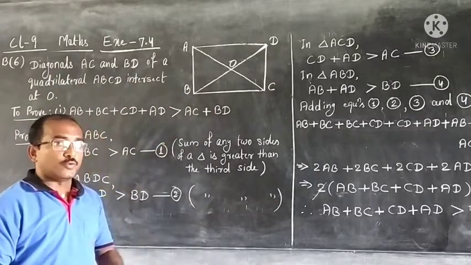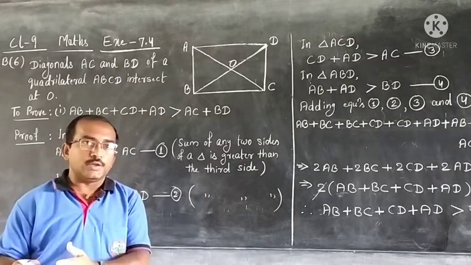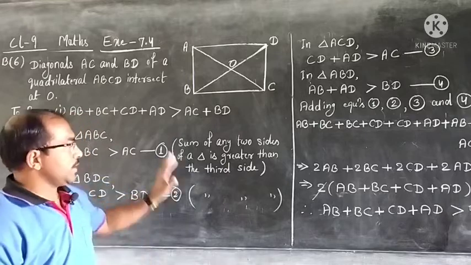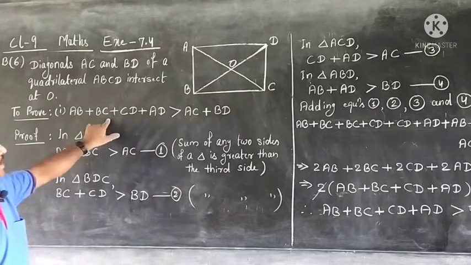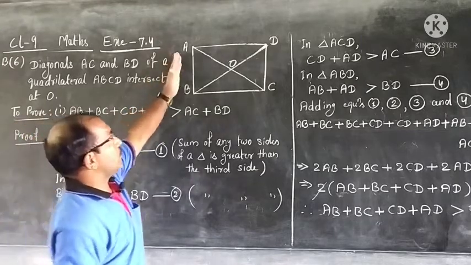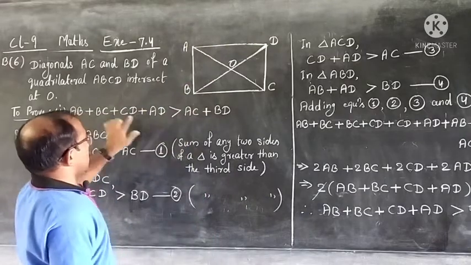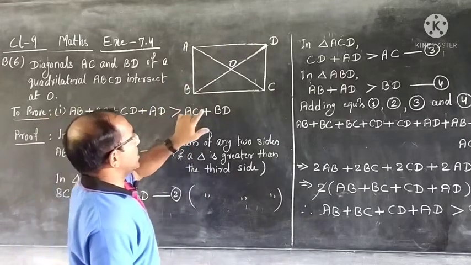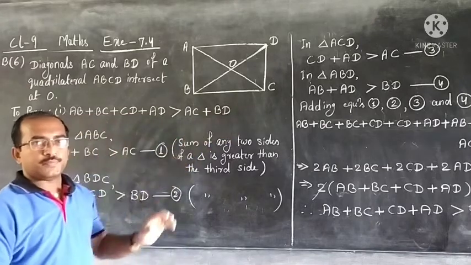Now, what we have to prove? There are two parts, Roman numerals 1 and 2, in your question to prove. Here we start with number one. To prove, first one is AB plus BC plus CD plus AD, that means the 4 sides of the quadrilateral. The sum of the 4 sides of the quadrilateral is greater than the sum of its diagonals AC and BD.